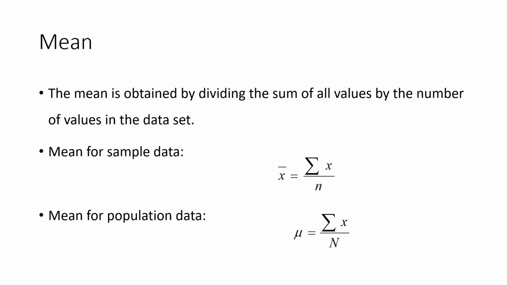So the mean, x bar, is usually denoted by the summation of x over n, that's for a sample, while for the population mean, it is denoted by mu, sum of x divided by capital N. The small n identifies a sample, while the uppercase N identifies the population data. I hope you can recall the difference between a population and a sample.